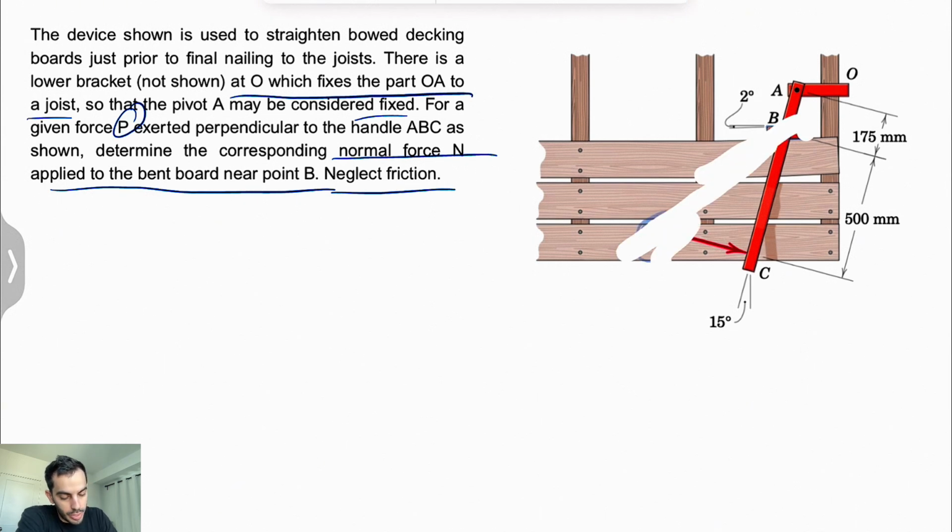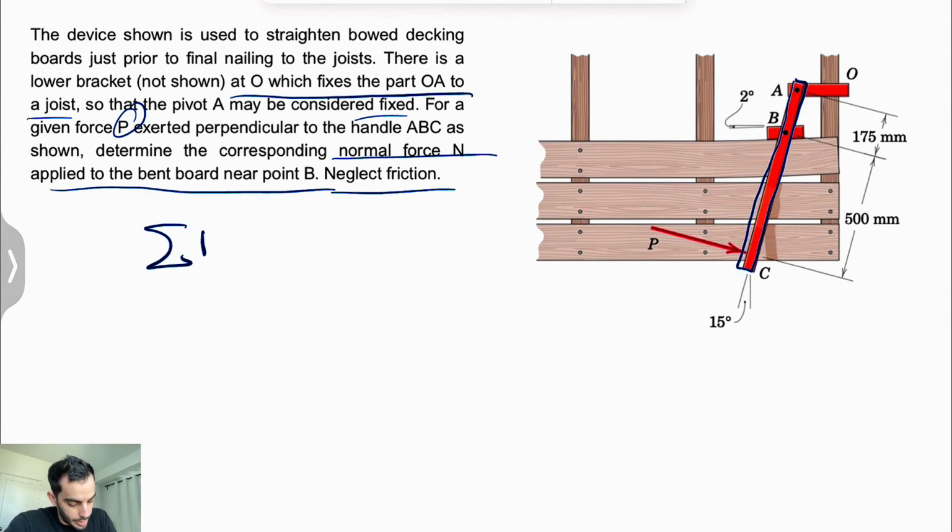I'm going to draw the free body diagram for the member ABC. Since we are looking for the normal force at point B, if we take the moment about point A, counterclockwise positive, we're going to get rid of all the unknowns at A. We have a plane, so we can consider two components, AY and AX.